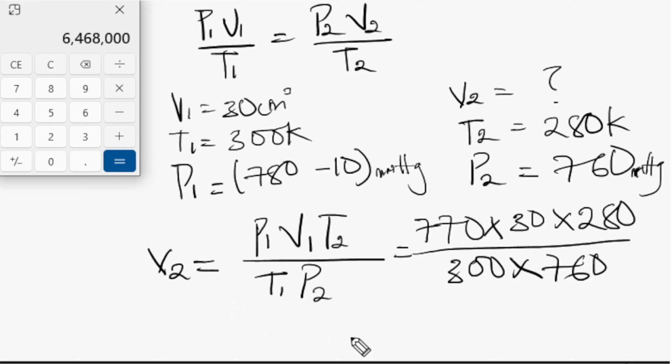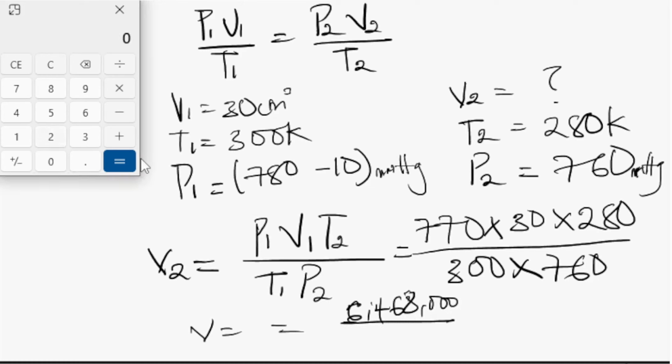So this will be 6,468,000. And this will be over 300 times 760. That's 228,000.